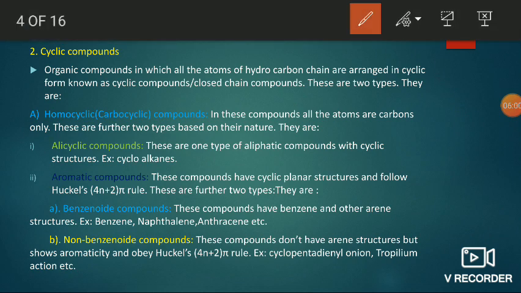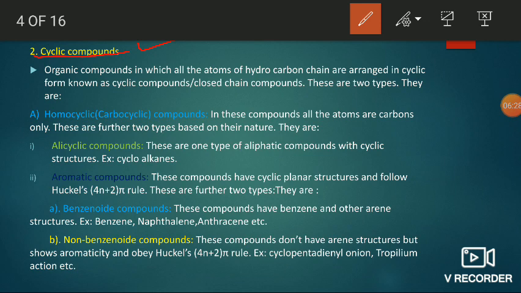The second classification of hydrocarbons is cyclic compounds. The first one was acyclic compounds, which are further classified into two types: saturated or unsaturated. The best examples are aliphatic compounds. Aliphatic compounds are saturated and unsaturated. In the case of saturated, alkanes. In the case of unsaturated, alkenes and alkynes.